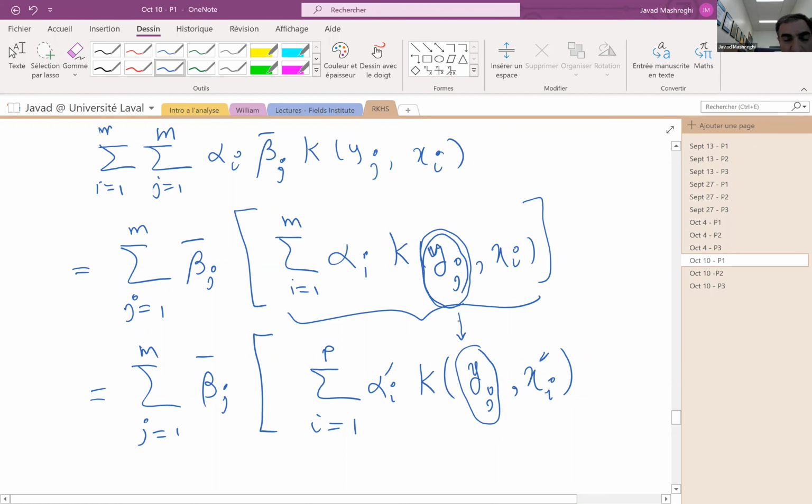Point repeats. So it's the identity above that we have for point y. I write it for point yj and put it there.